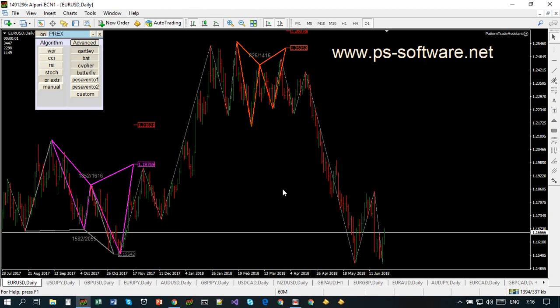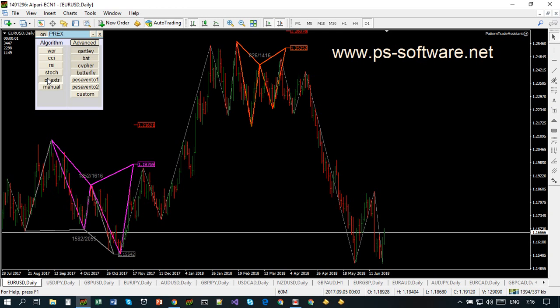I'm a fan of obvious things, so if I'm looking at a pattern, I'd like to have a pattern that is obvious to everybody. That's why I created several swing identification algorithms. My favorite one is this price extreme algorithm, but also there are many guys out there who use the swing identification based on oscillators.